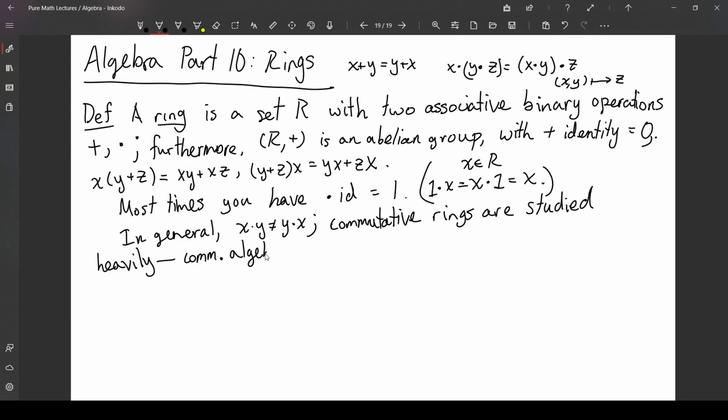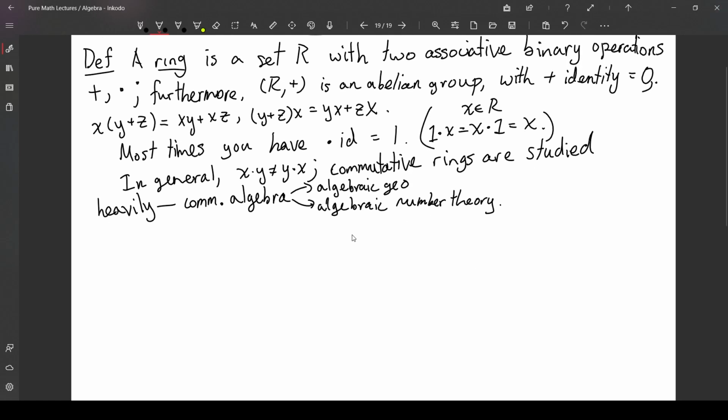And commutative algebra also branches off. It is very useful in algebraic geometry and also algebraic number theory. Okay.